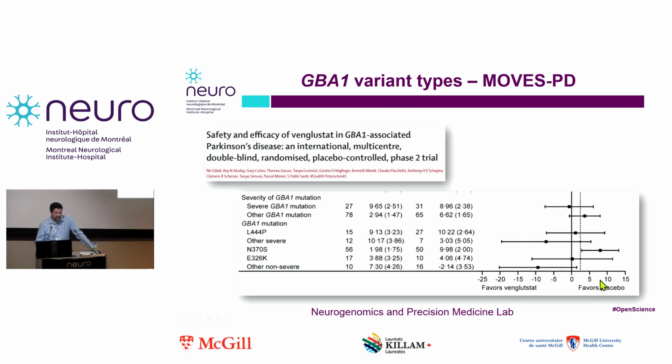This should tell us something, and I think they were very smart to analyze it this way, because it shows us exactly where we need to go. We need to go into better characterization of these mutations and classification of them, and make sure that our trials and the drugs that we're using will address the specific issues that the mutations are causing.